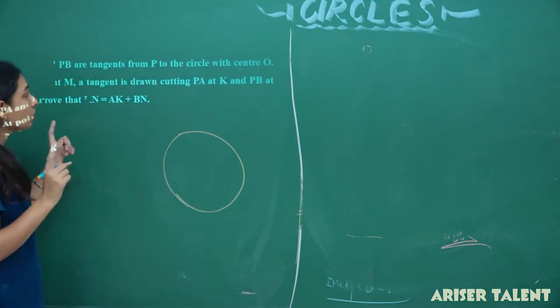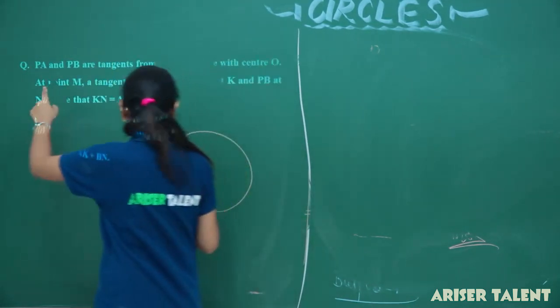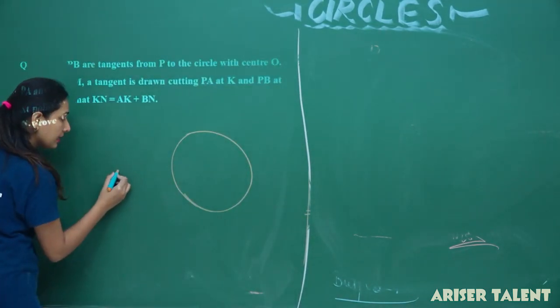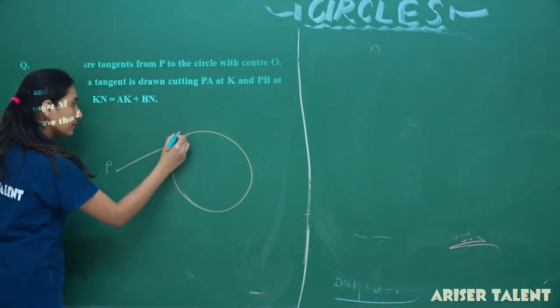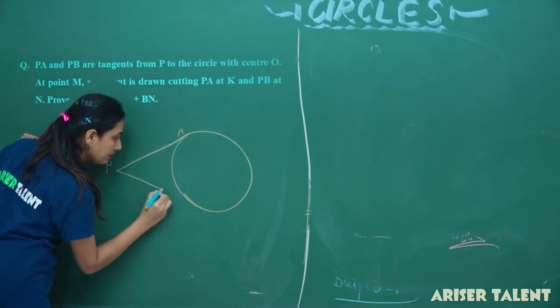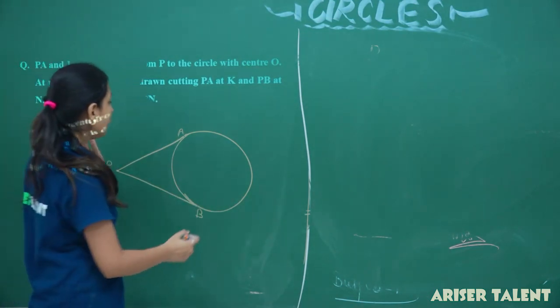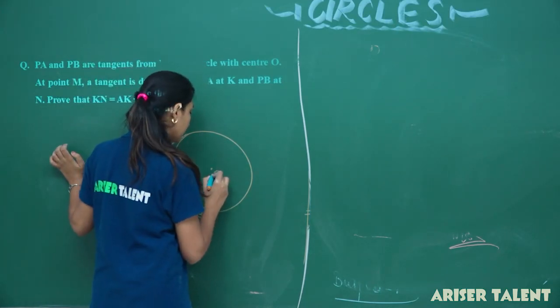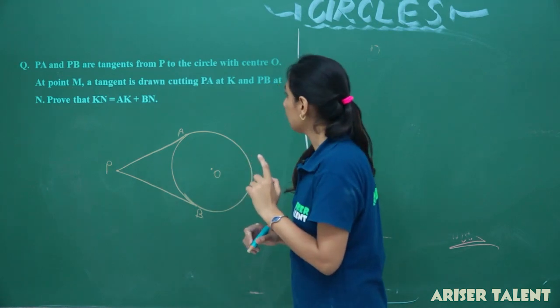If two tangents are PA and PB, the common point is P. Okay, so this P is outside the circle, and we have this PA and this PB, with center O. So this is O. At point M, a tangent is drawn.